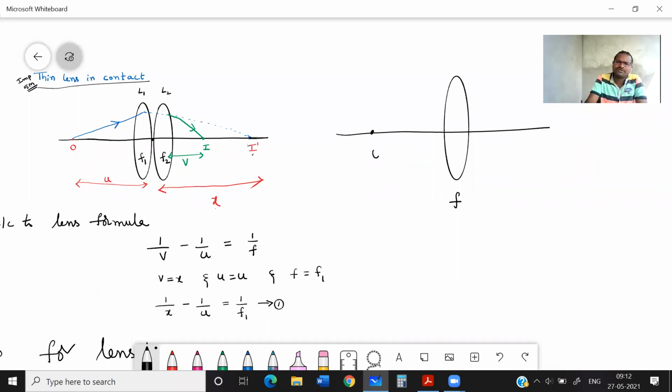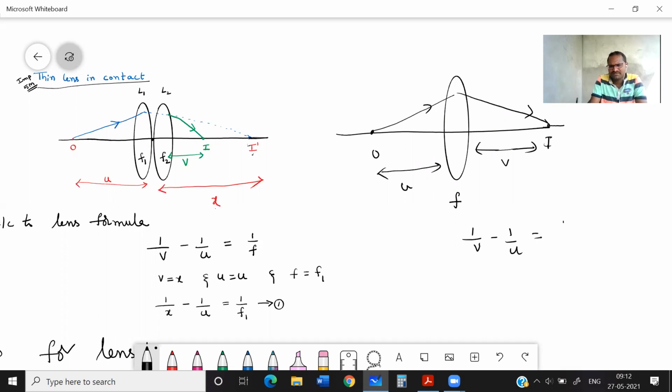Let's imagine this is the object, and this object is at a distance of u from the lens, and a real image will form at a distance of v from the lens. So from this data, according to the lens formula, 1 by v minus 1 by u is equal to 1 by f. This is equation number 3. This is the equivalent lens.